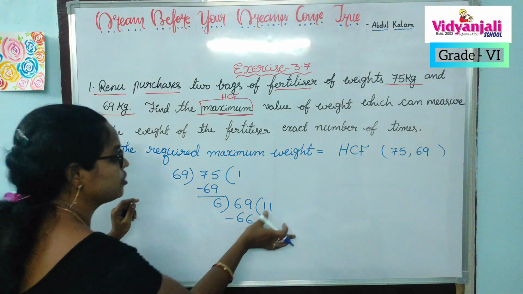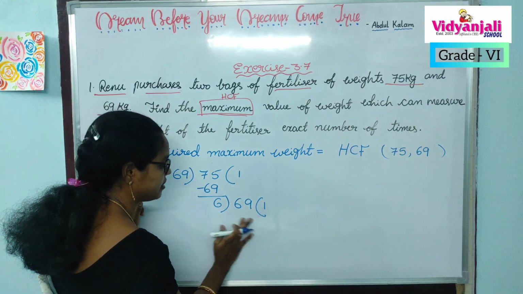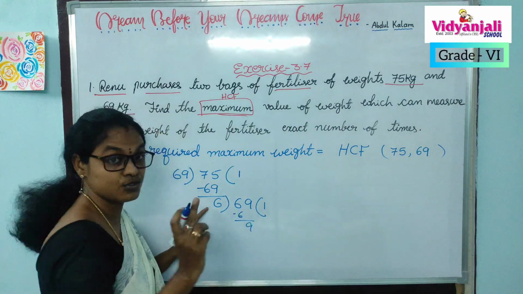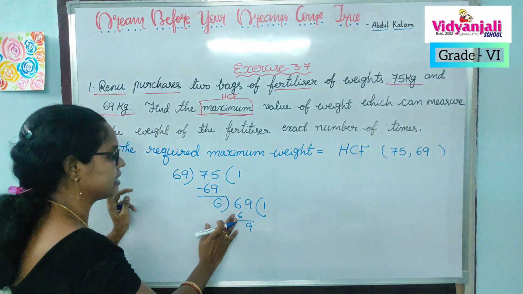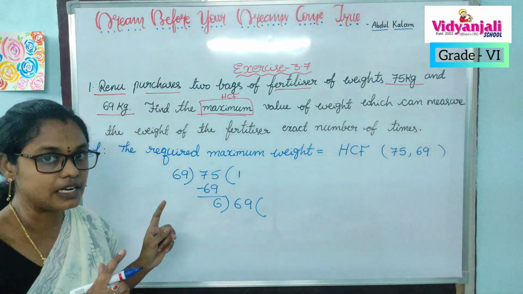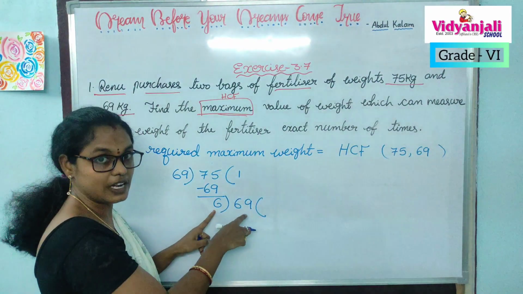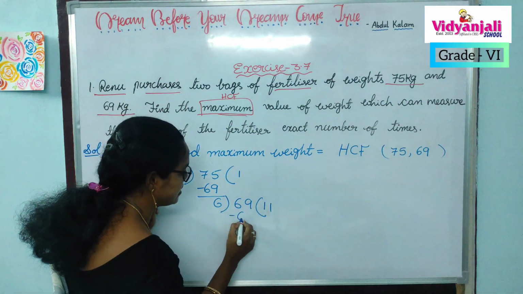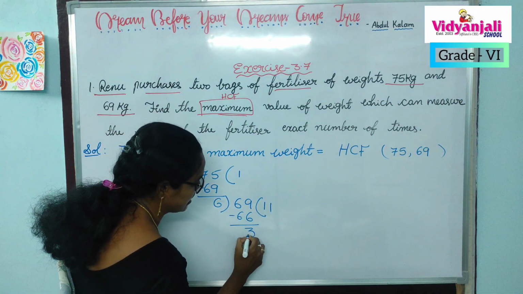Here children, you should not break up the number in the long division method. You should not do like 6 1s, 6, 9 comes down. We have to take the whole number at a time. 6 11s is 66 and 3 is the remainder.